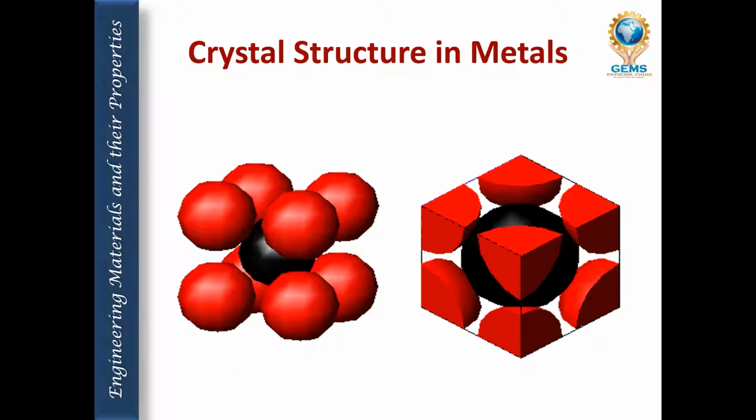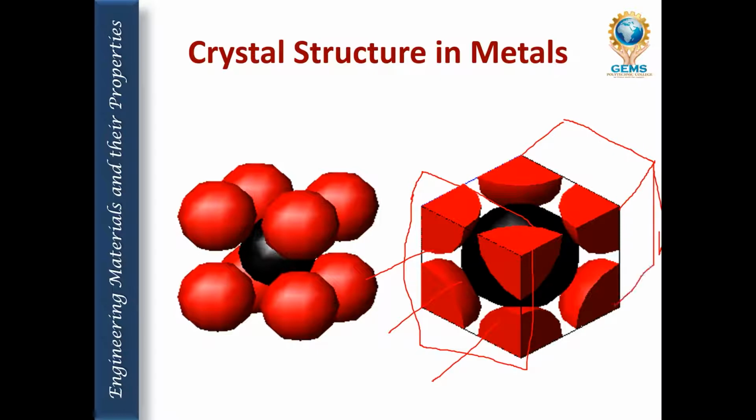See, this area will be connected with a different atom, and this area will be connected with different atoms. Likewise these atoms are connected. That is the crystal structure of the atoms.